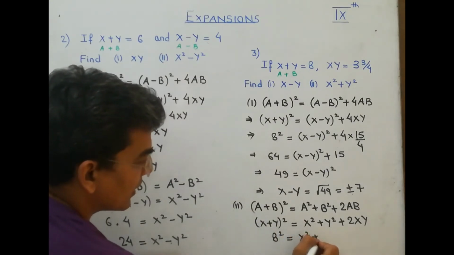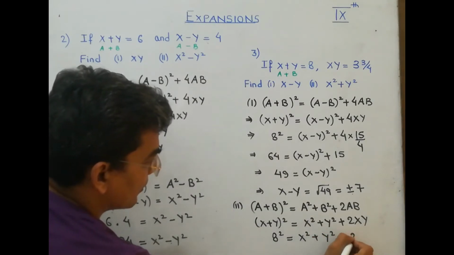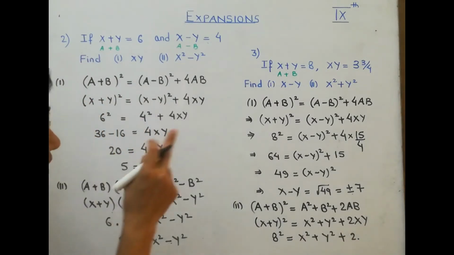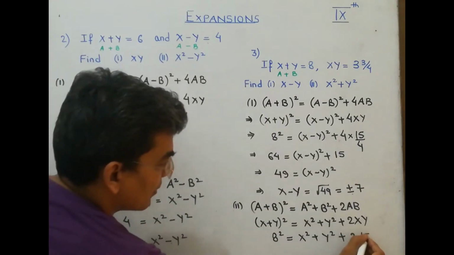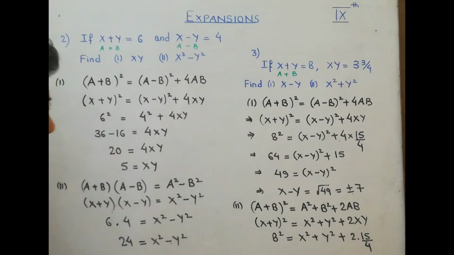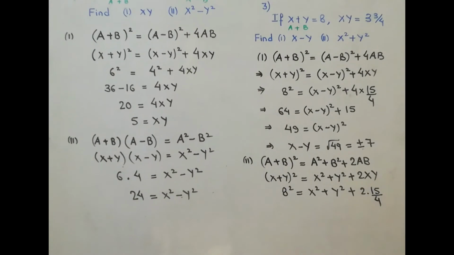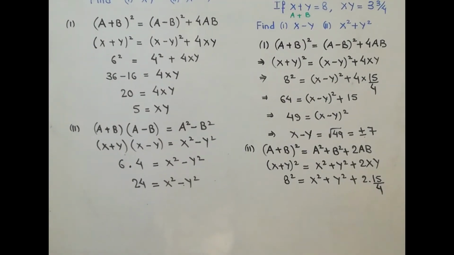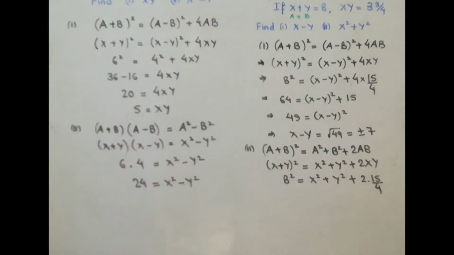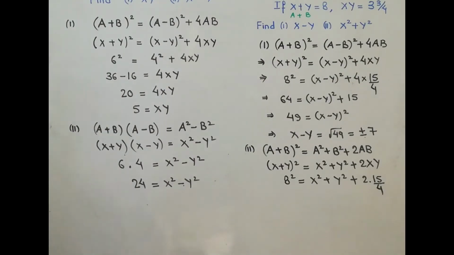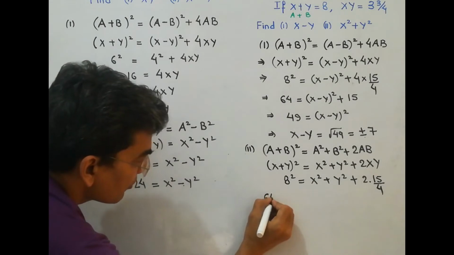This is to be calculated, twice into xy. Now over here xy is 15 upon 4. So now do the calculations and let's see what will be the result. Now here this will give you 64.